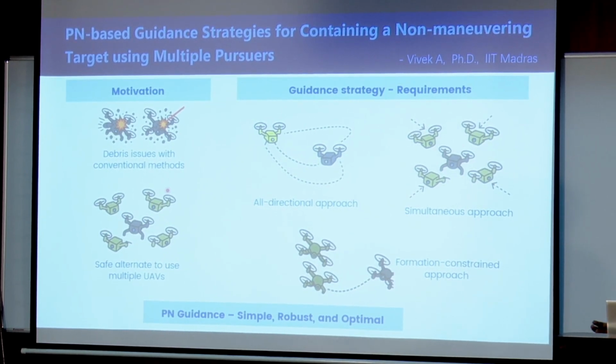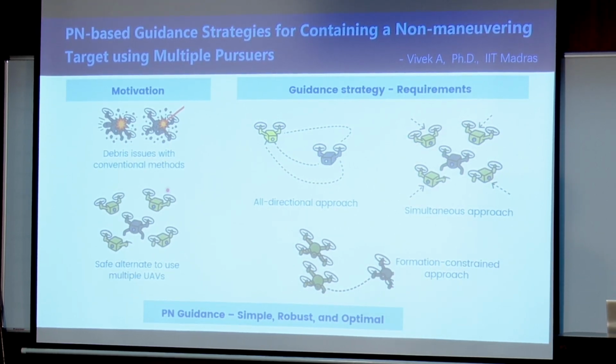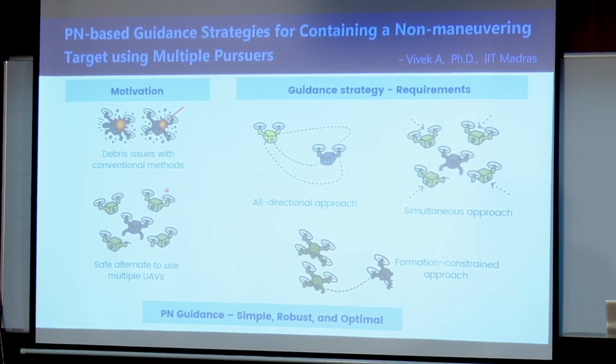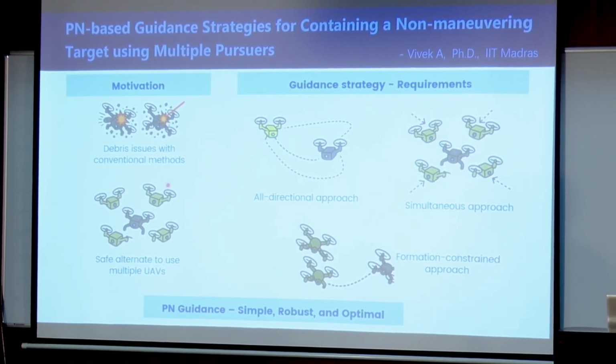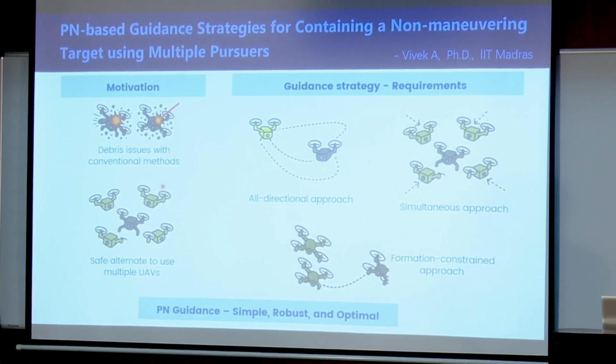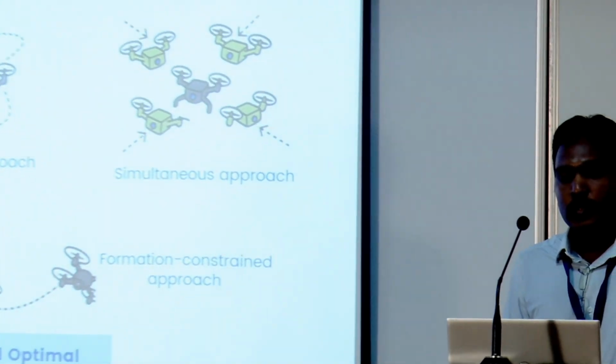Then the whole group of UAVs should reach the target UAV simultaneously. That will be a successful containment. Then in some applications, we may have to move the UAVs in a formation-controlled fashion, where we are carrying a net to capture it. So there should be a formation-controlled movement towards the target UAV.